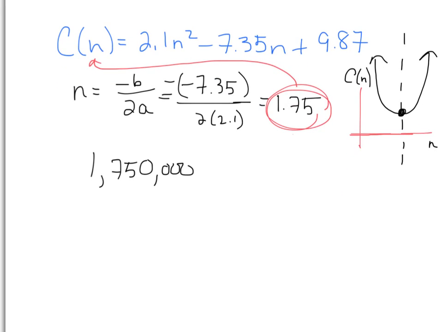So you just put the number you get, 1.75, in for n. So let's find the cost to make 1.75 million games. This is a decimal right here.